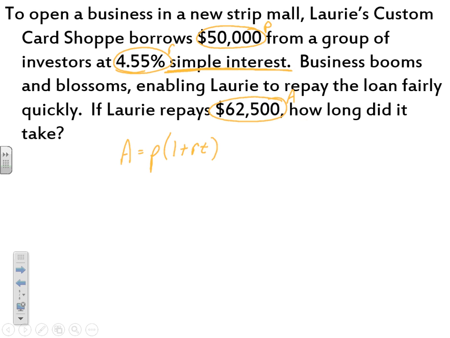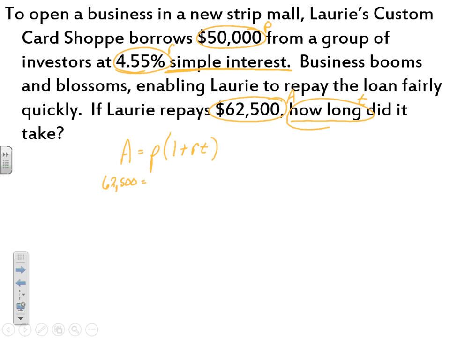How long? That is the time that we're looking for. So we've identified certain things in the word problem, and now we can substitute those into the formula and solve for our missing variable. A, the amount that was paid back, was $62,500.